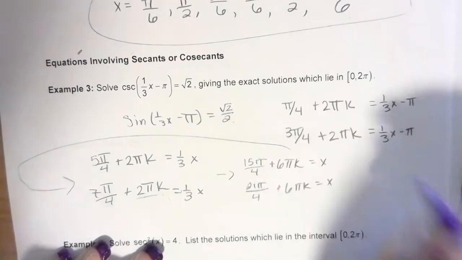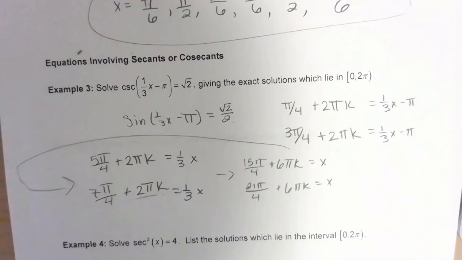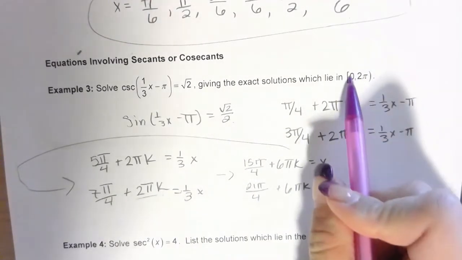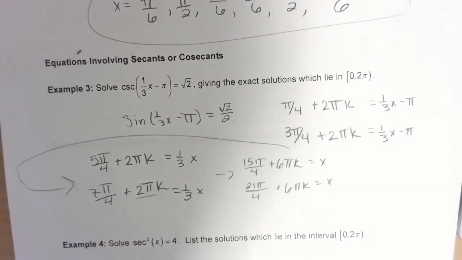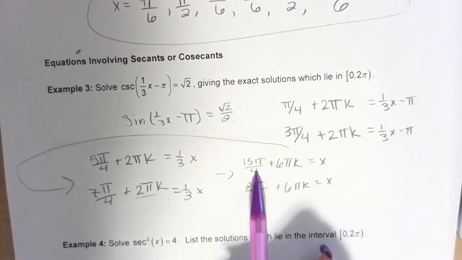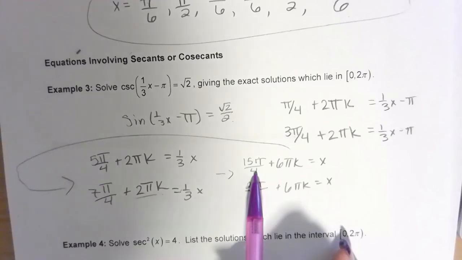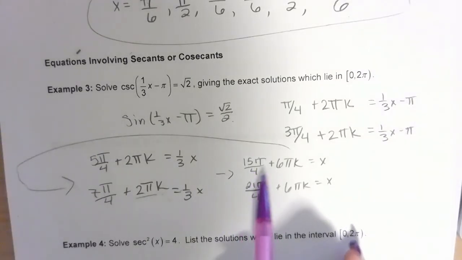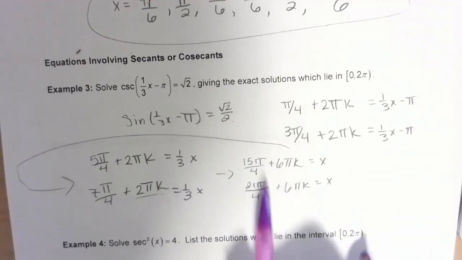Now let's look at what values of k would still allow us to be between 0 and 2 pi. Okay, let's put in 0. If we put in 0, wait a second, this is like 3 pi. It's over, right? Both of these are over.